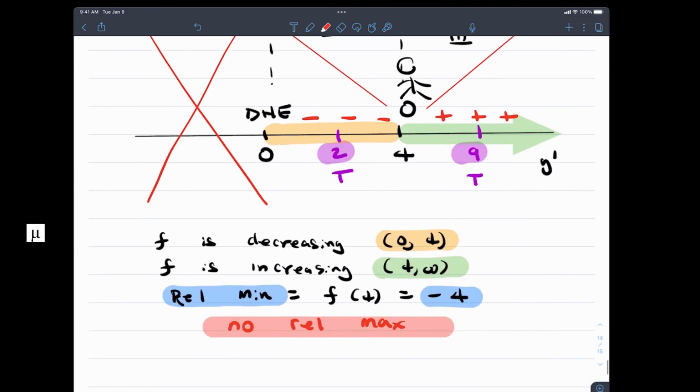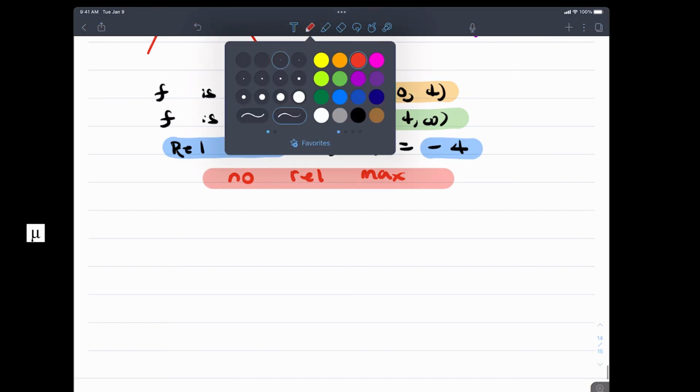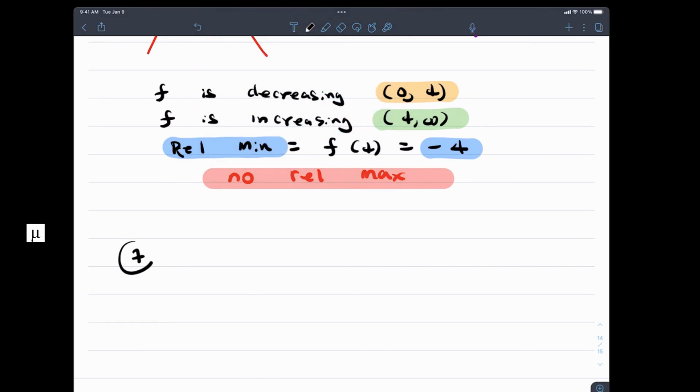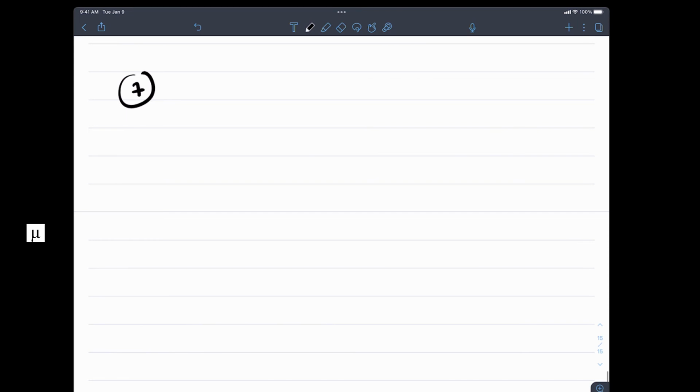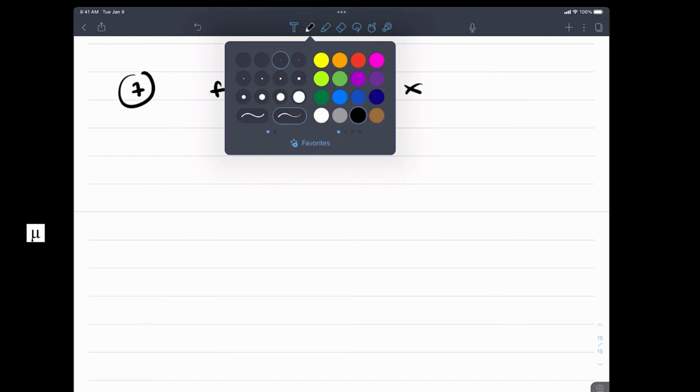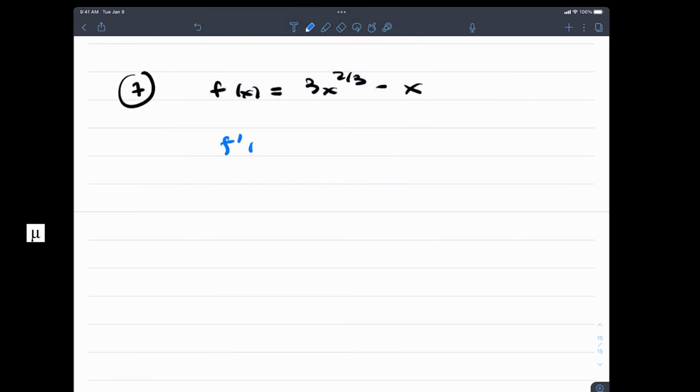Six. Seven. F of x equals x to the 2/3 minus x. Let's find the derivative.